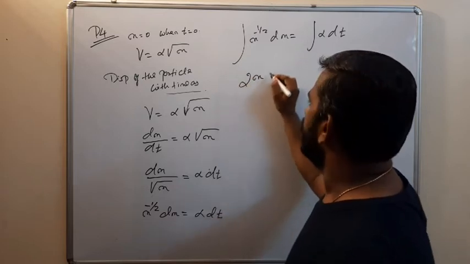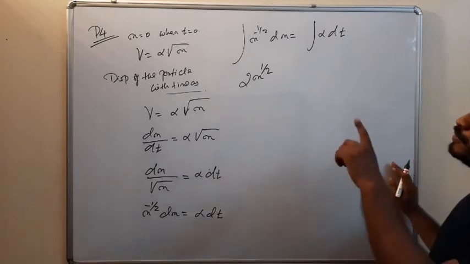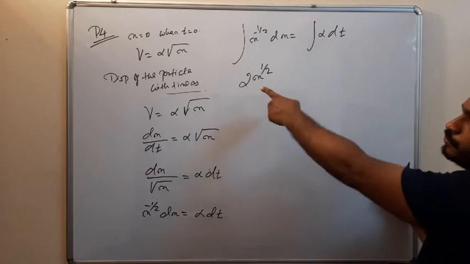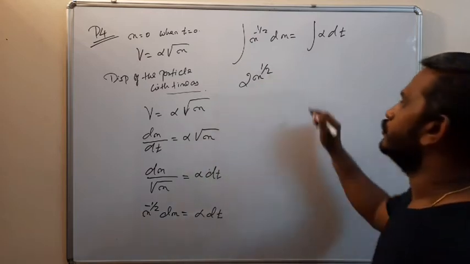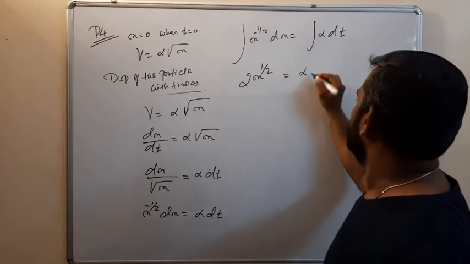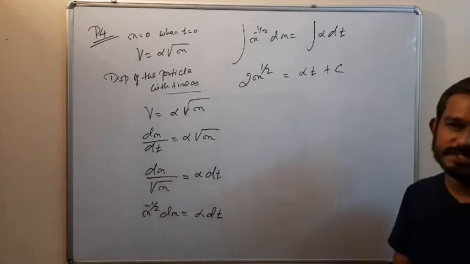Minus 1 by 2 plus 1 is 1 by 2, divided by 1 by 2, that is 2. So 2x power 1 by 2 is equal to alpha integration of dt, that is t, plus constant of integration.